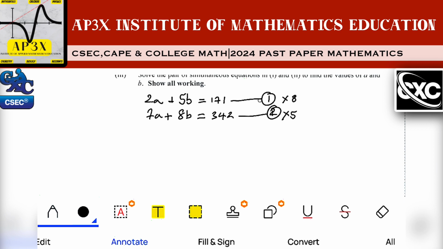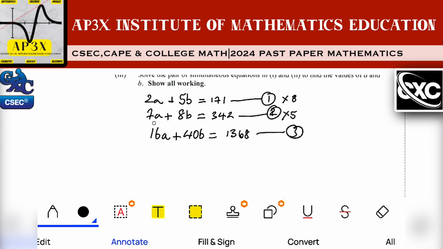So 8 multiplied by 2a is 16a, plus 8 multiplied by 5b is 40b, and that's equal to 8 multiplied by 171, which gives us 1368, and that becomes equation 3.